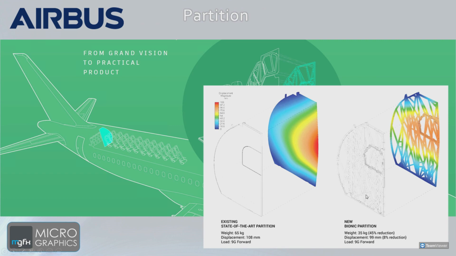Whereas if you take a look at what they call the bionic partition, you can actually see that, number one, take a look at their weight. 35 kgs versus 65. It's a 45% reduction. Displacement, 99 millimeters, which is an 8% reduction. Not massive.